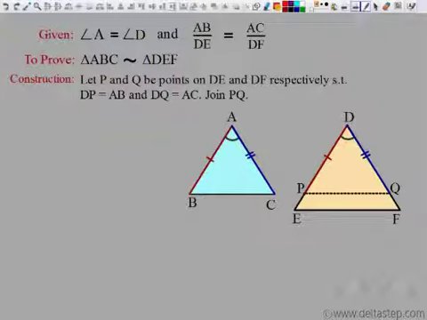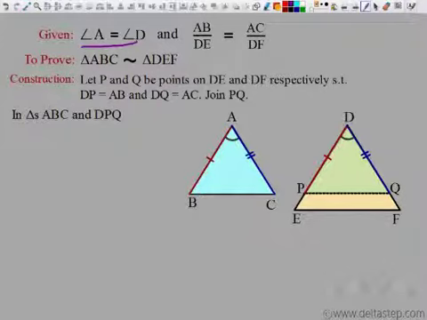Now let's look at these two triangles, ABC and triangle DPQ. In these two triangles, what I see is that AB is equal to DP, one side, AC is equal to DQ, second side, and between these two sides, I have an angle that is equal. A is equal to D, which is given to me. This is given. These sides are equal because I made it so.